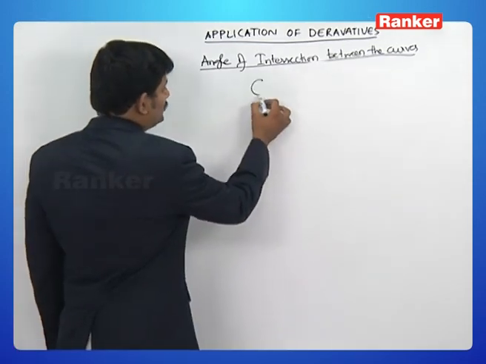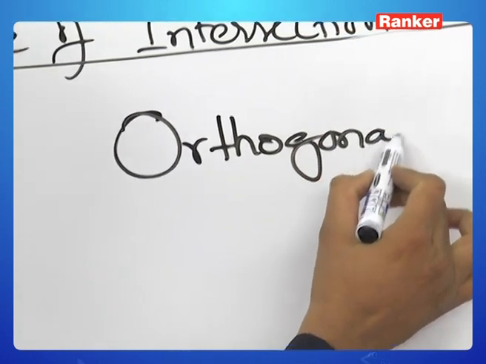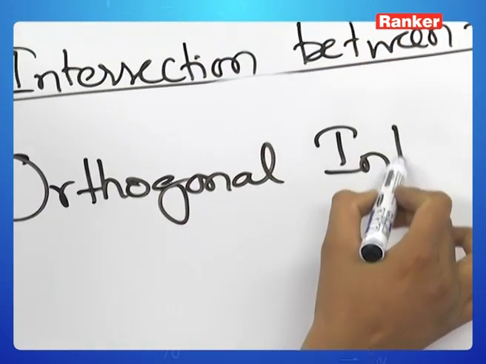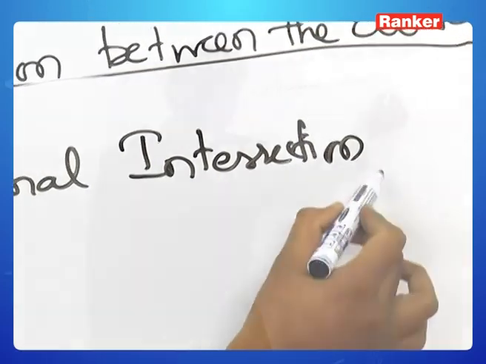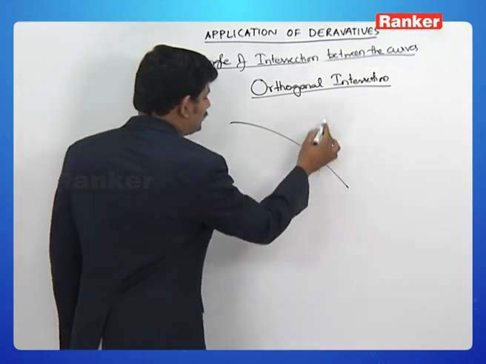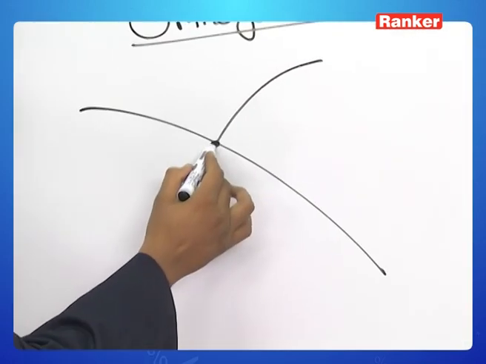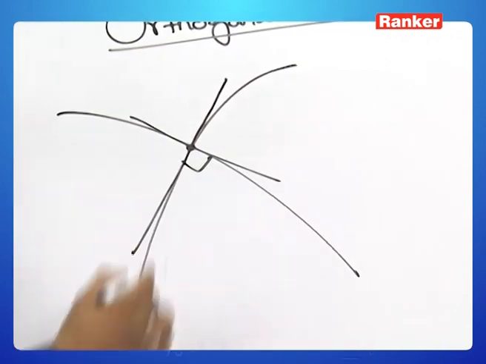Then we use a term called orthogonal intersection. Two curves are said to cut each other orthogonally when at the point of intersection the tangents are perpendicular to one another.